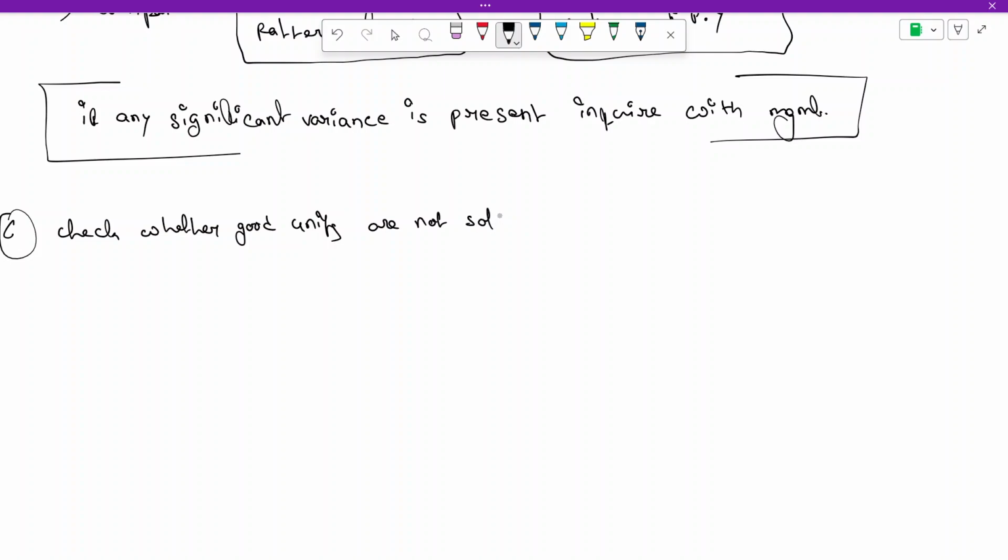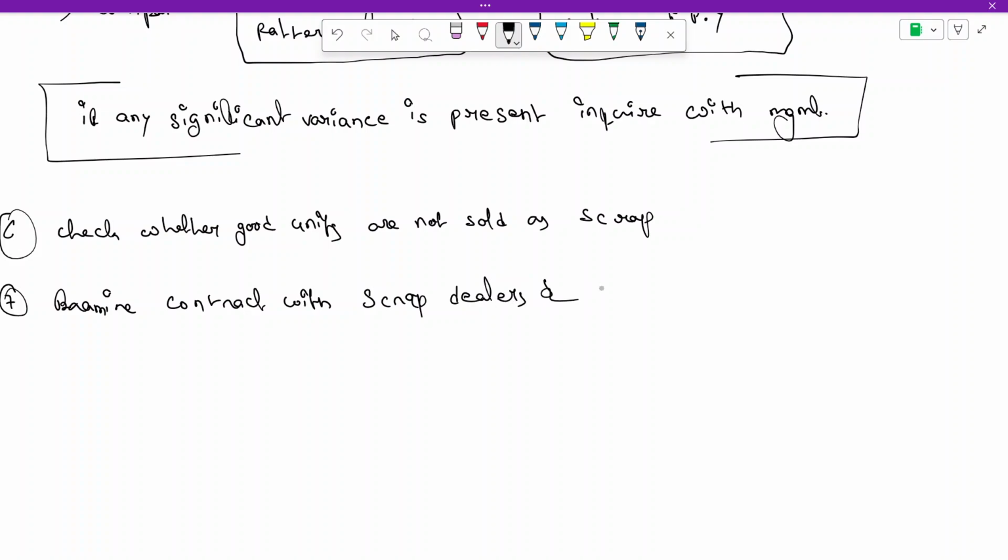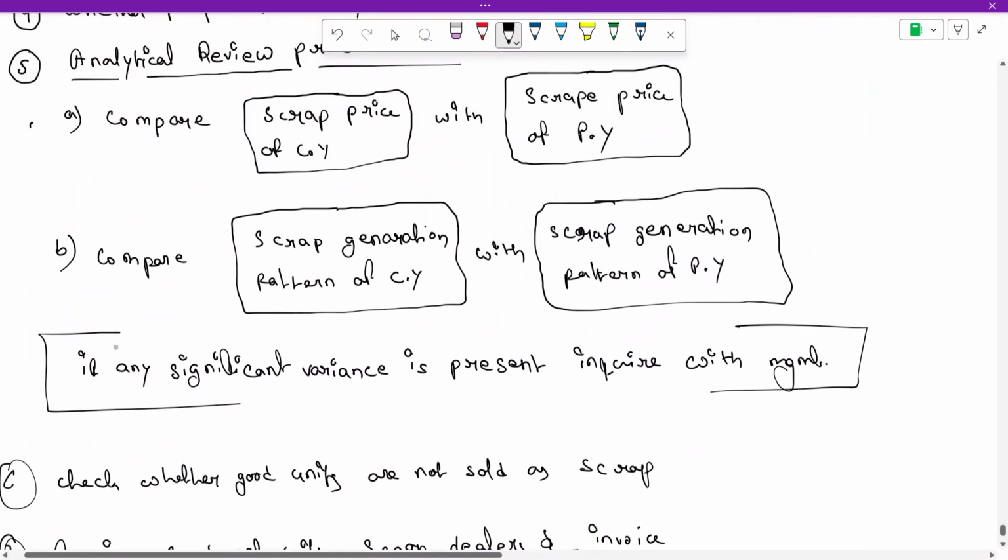And the last thing can be to examine contract with scrap dealers and invoice.